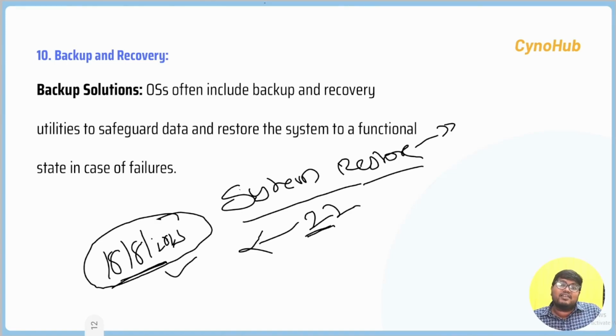All these functionalities are managed by the operating system only. Without the operating system, you can't communicate properly with your components, the system and the programs, and you can't run the application. Hope you understand the concept of all these functionalities.